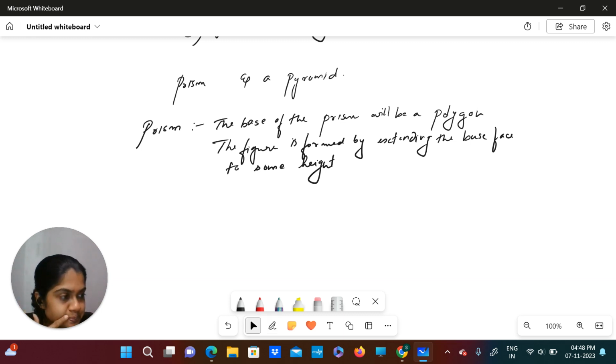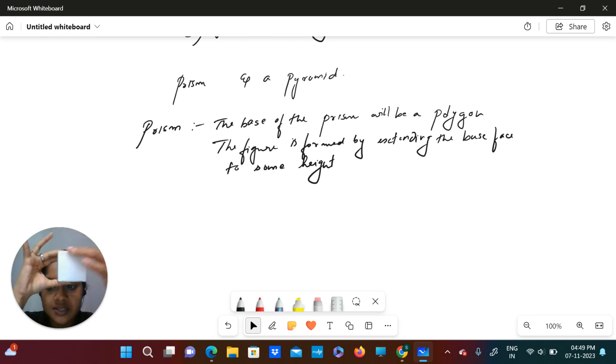For example, this is the shape of a cube. I can also call it a square prism because look at this, the base is a polygon.